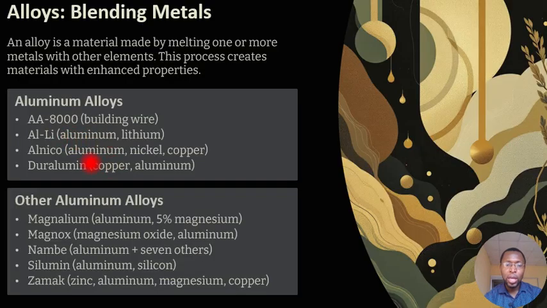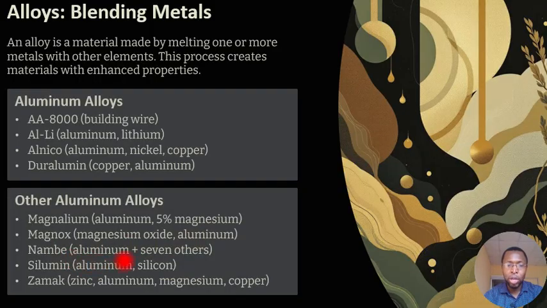Then we have other aluminum alloys like the magnesium. This magnesium is a combination of aluminum and 5% of magnesium. We have the magnus. This is a combination of magnesium oxide and aluminum. And we have the NAB.